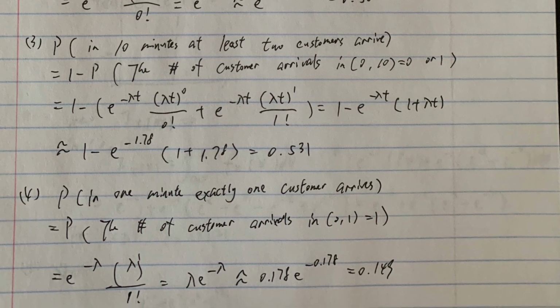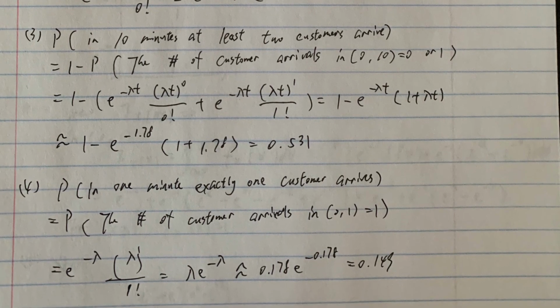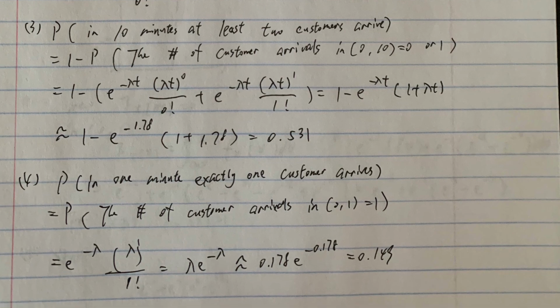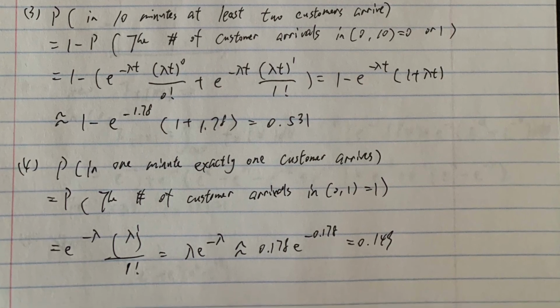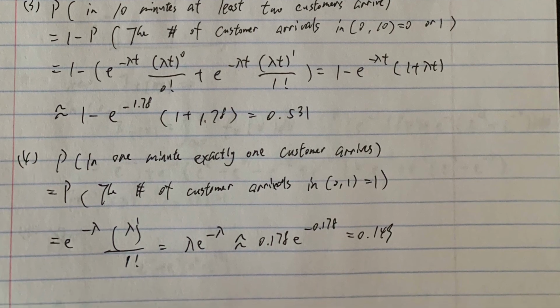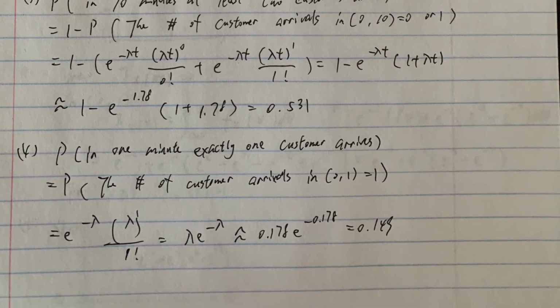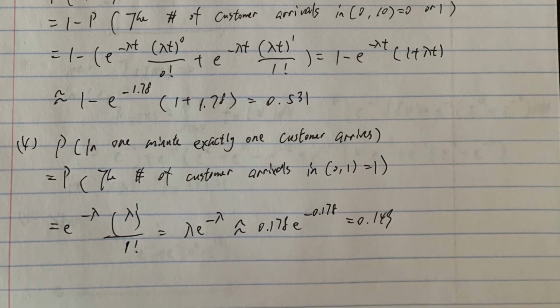So we get 0.178 times e to the power of minus 0.178. So the answer for number 4 is 0.149.